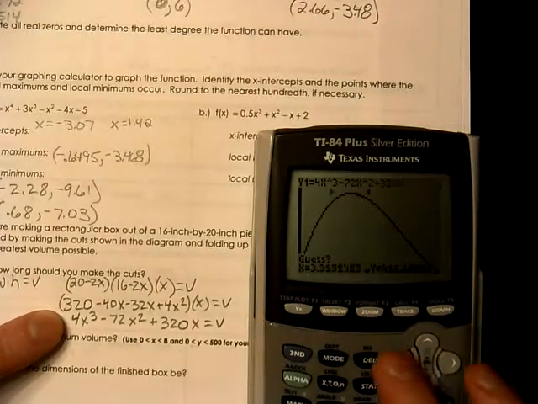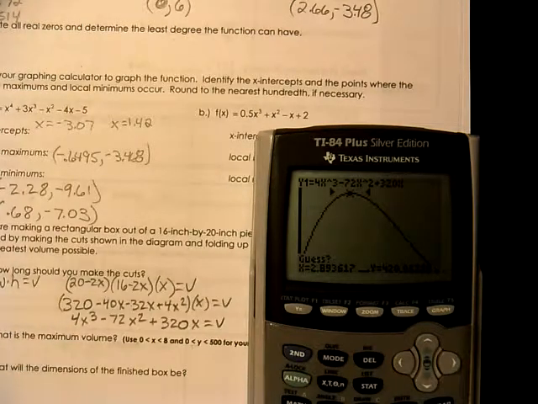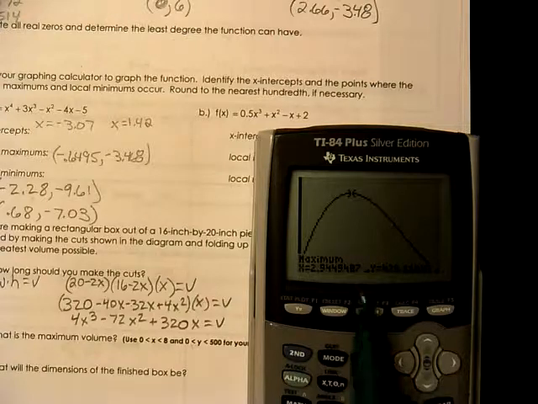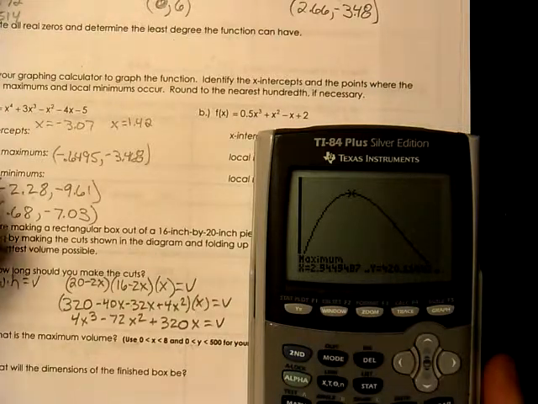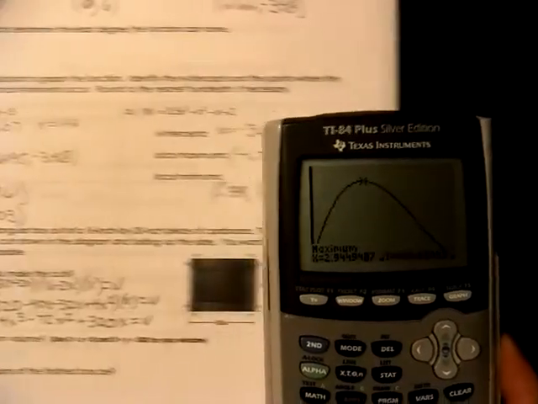And then guess is only there for if you have more than one answer inside your window, but sometimes it's a good idea just to get close to it anyway. So that's where our maximum is.